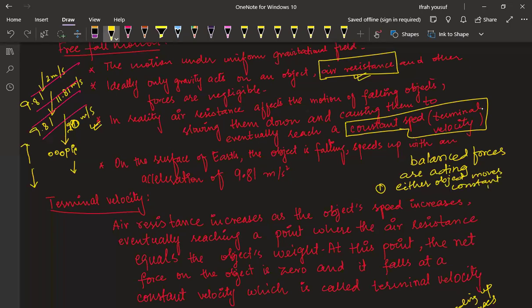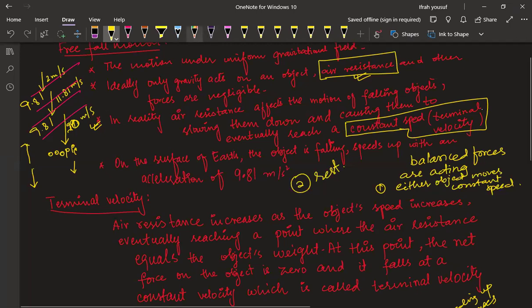Do you remember this point? When the forces are balanced, the object has to move with a constant speed, or there's another possibility, the object is going to be at rest. Clear? So over here, our object is moving, so it will continue its motion, but will have to move with a constant speed.